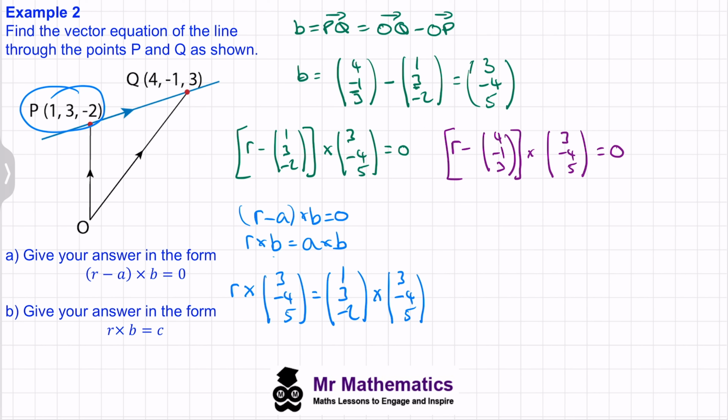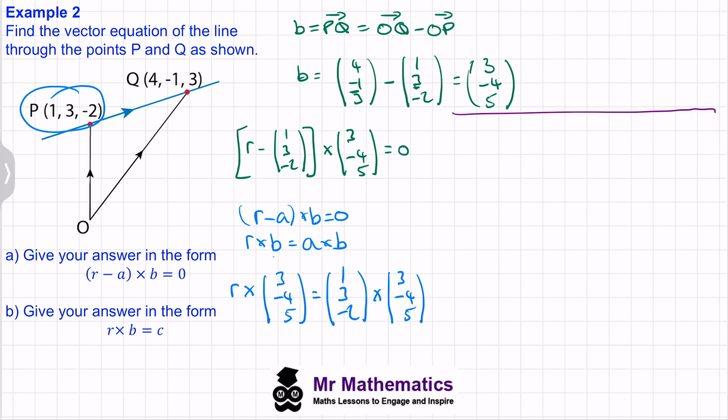To make some space, I'm just going to rub out this solution. If we're going to cross these two vectors together, we write i, j and k, then our first vector 1, 3 and minus 2, and the direction vector 3, minus 4 and 5.